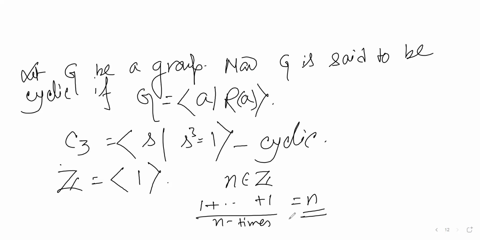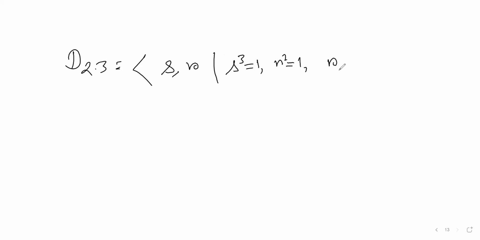So the question is now, is every group cyclic? The answer is no, right? Why? You already saw D2,3. It is generated by two elements, s comma r, where s cubed is my identity, r squared is my identity, and r s is s inverse r.